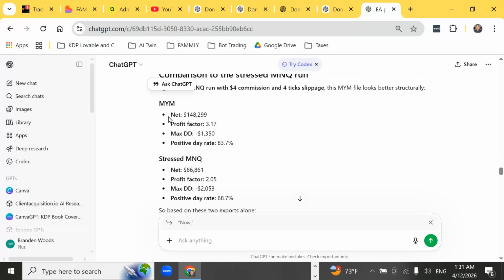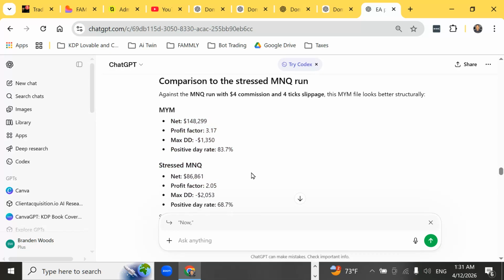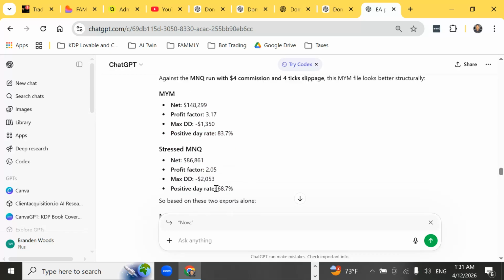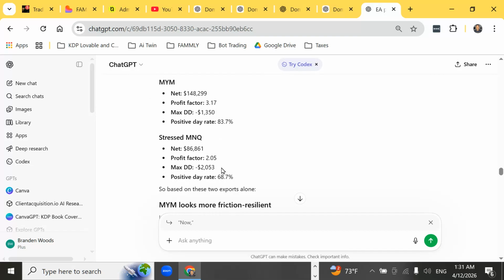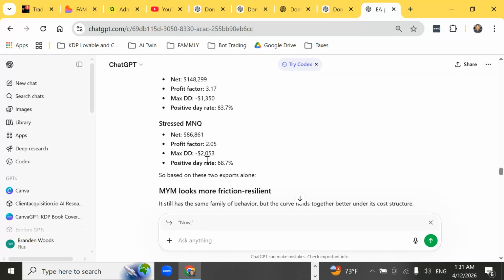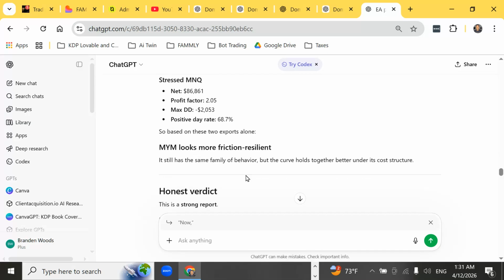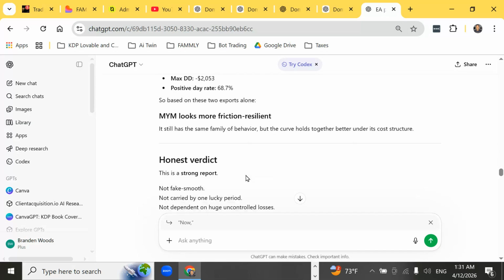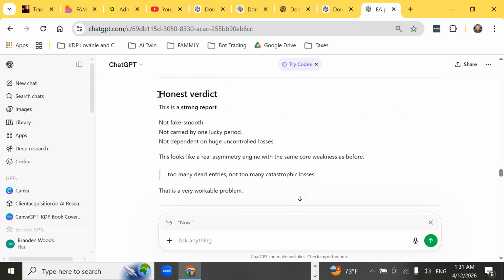And this is the comparison. So this is the super stressed MNQ. Again, 9 cents of commission is reality. I put $4 of commission on that, so I really, really smacked it. But that's what it looks like.